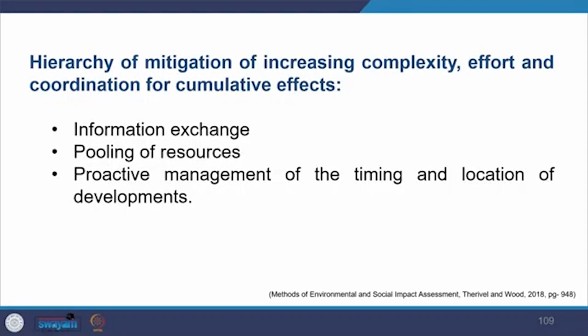You can also have a hierarchy of mitigations. It's important to share information, exchange information, and create information. That could be the first step. Then you can have common resources which you can deal with, and then you can take proactive management of the timing and location of the development. By staggering it, you can manage all these problems as well.